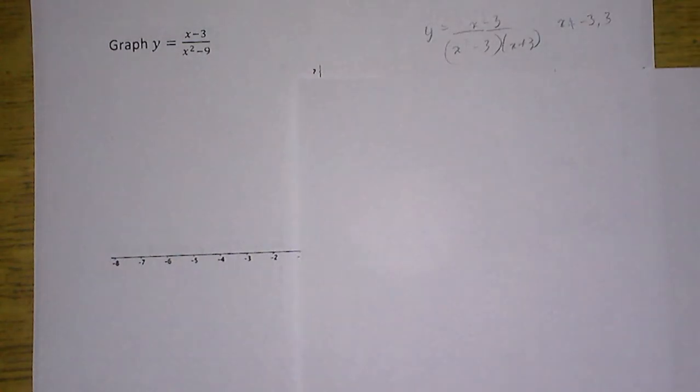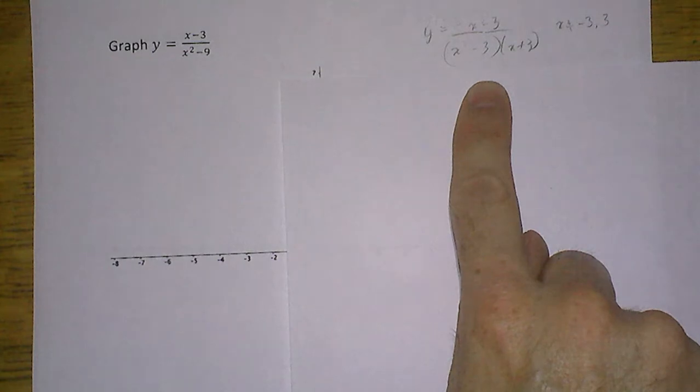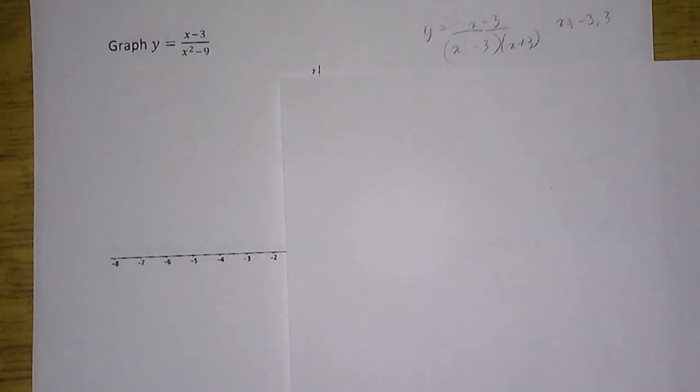So anyways, I factor this, and sorry for the penmanship, I should have listened to my grade 2 teacher. I factor this and I get y is equal to x minus 3 divided by x minus 3 times x plus 3. And likely what jumps out at you is that we can cancel a factor of x minus 3 from both numerator and denominator.